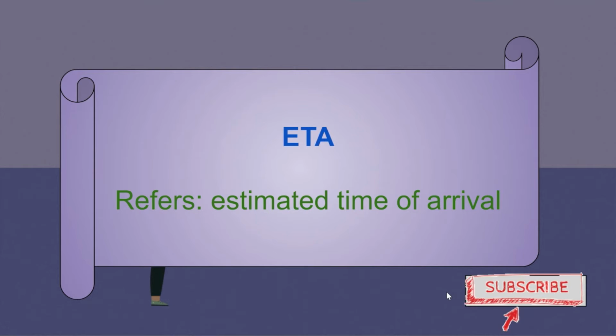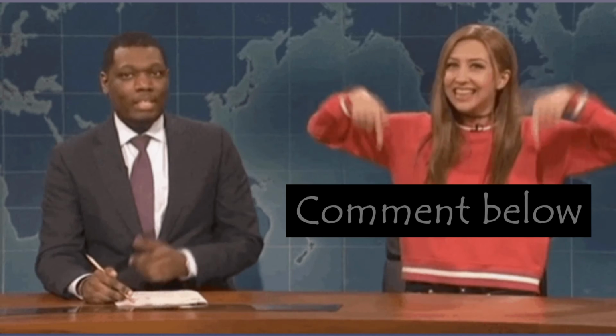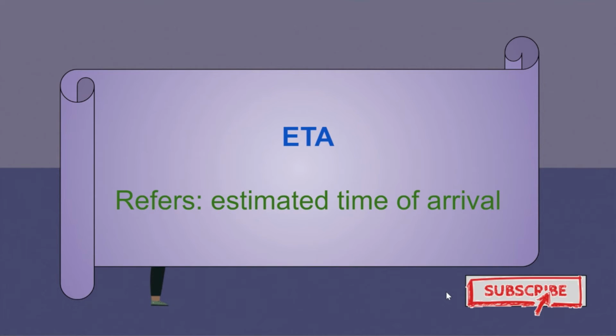Next is ETA. Now this is something that I have discovered recently, so you might not have come across it as of now if you're new to the corporate world, but if you already know this term, then do let me know in the comment section. But yes, what it refers to is estimated time of arrival.